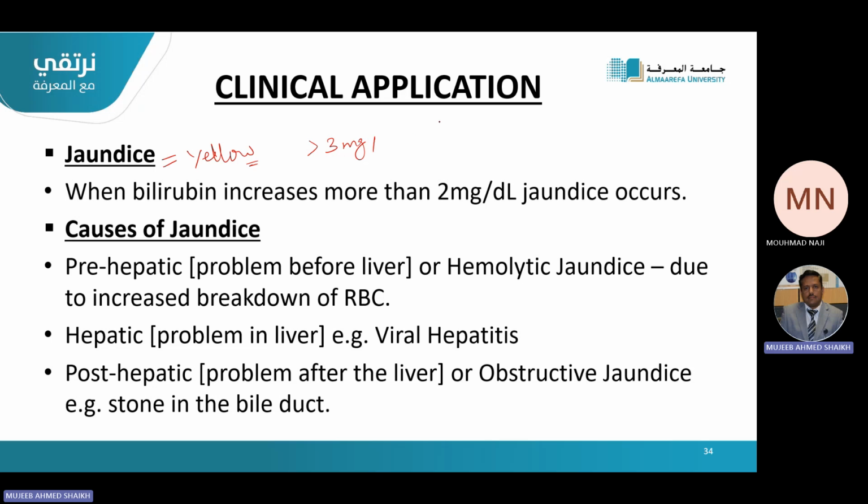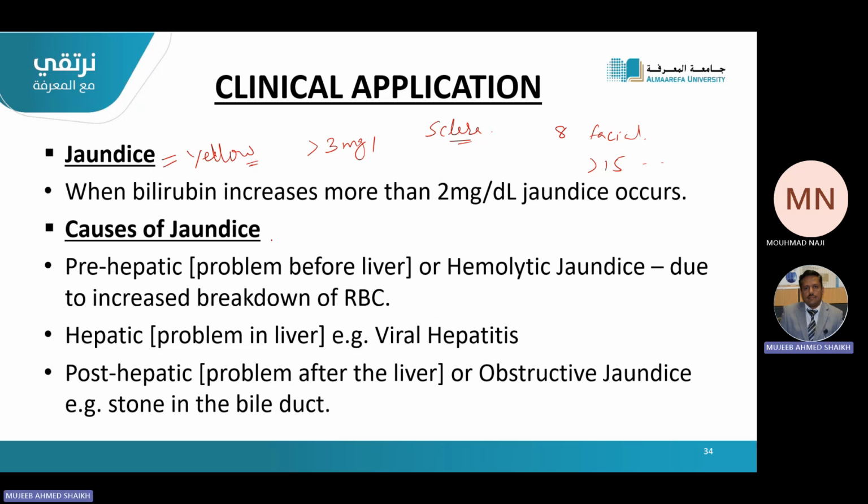At that time, the sclera of the eye will become clearly yellow. If it becomes around 8, then facial yellowish discoloration will be seen. If it becomes more than 15, then the whole body will look yellowish. So as the concentration increases, the yellowish discoloration increases.